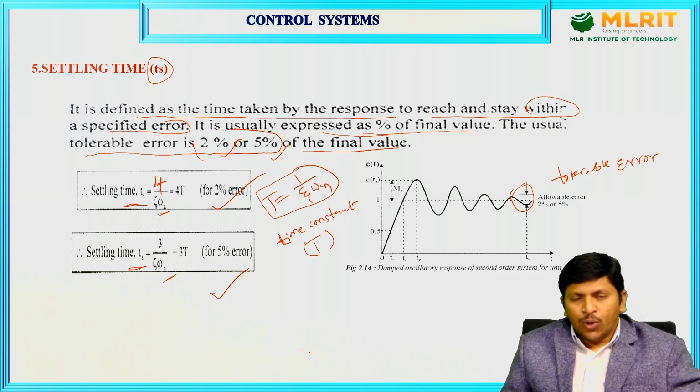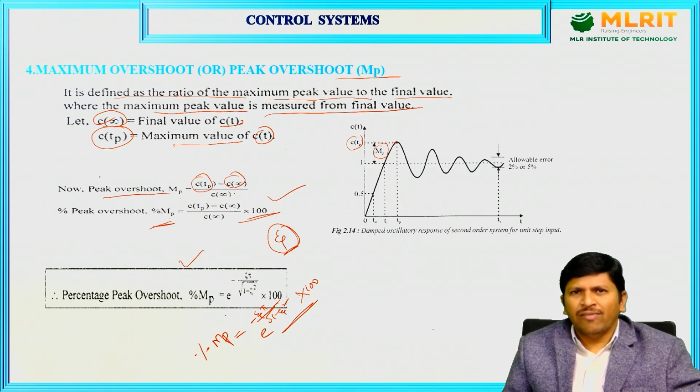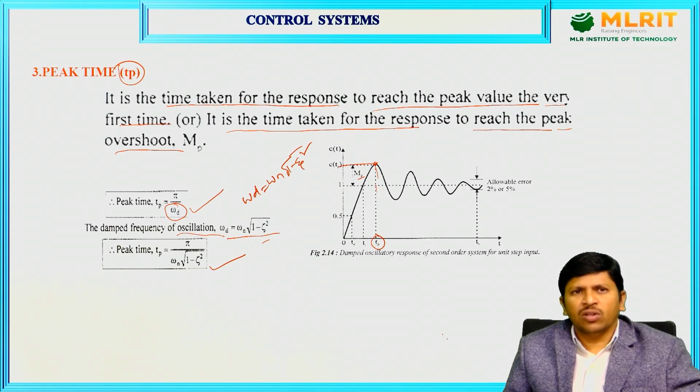I hope you understood every definition. Maximum overshoot is the ratio of the maximum peak value to the final value, and the maximum peak value is always measured from the final value only. Peak time is the time for the response to reach the very first peak value.